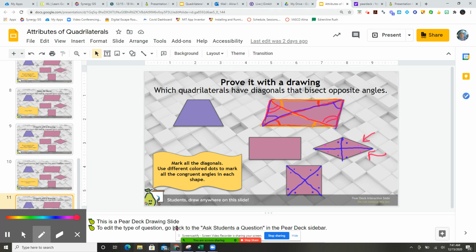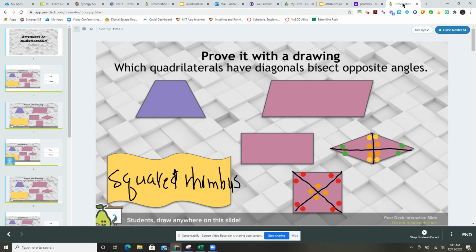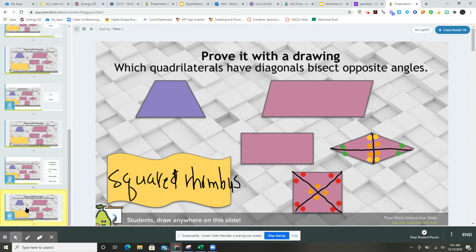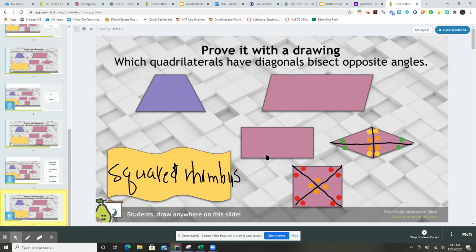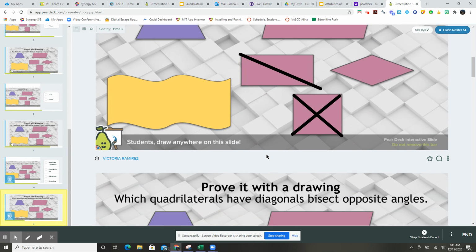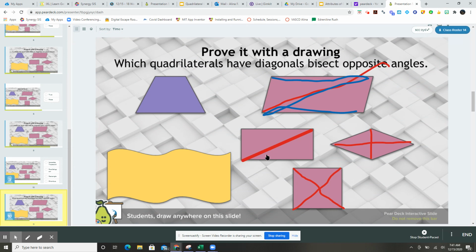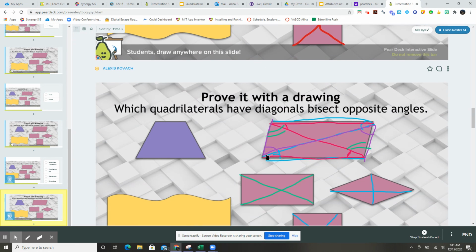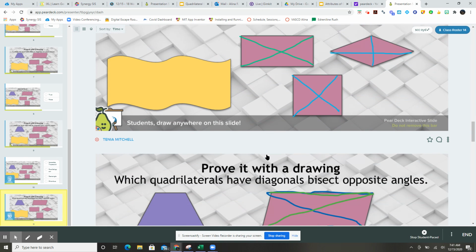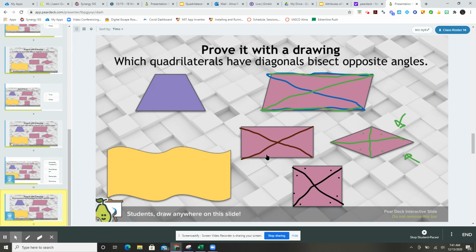And I'm going to stop sharing. I want you to draw the diagonals in that slide 11 for the rectangle. So in slide 11, I want you to draw the rectangle diagonals, and then mark all the angles that are congruent.